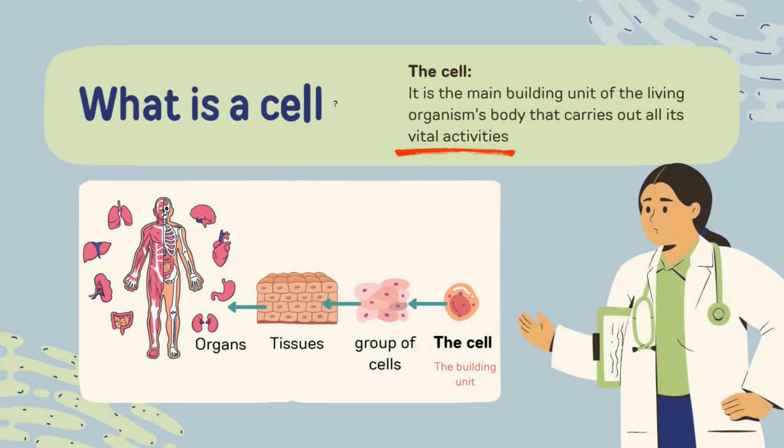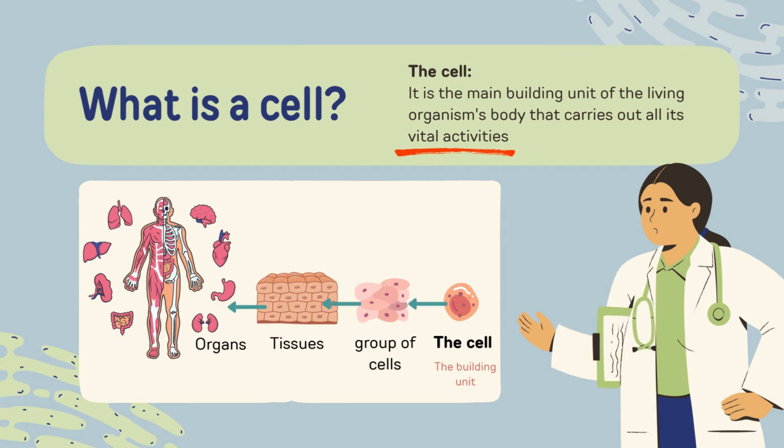First of all, what is a cell? A cell is the main building unit of a living organism's body. What is the meaning of main building unit? The body of any organism consists of systems, as we studied before: the nervous system, the digestive system, the respiratory system and others. Each system consists of organs, as the nervous system consists of the brain, the spinal cord, and the nerves.